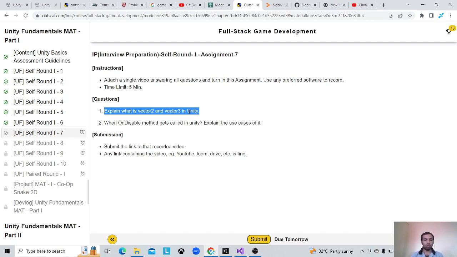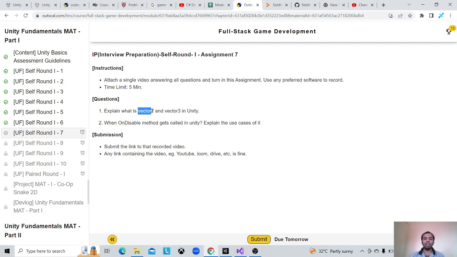Unity provides the structures named Vector2 and Vector3. Vector2 is a structure that stores the two-dimensional magnitude and the direction, and Vector3 is a structure that stores the three-dimensional magnitude and the direction.